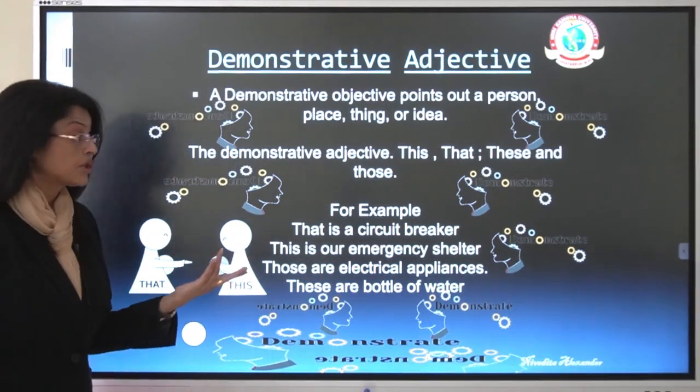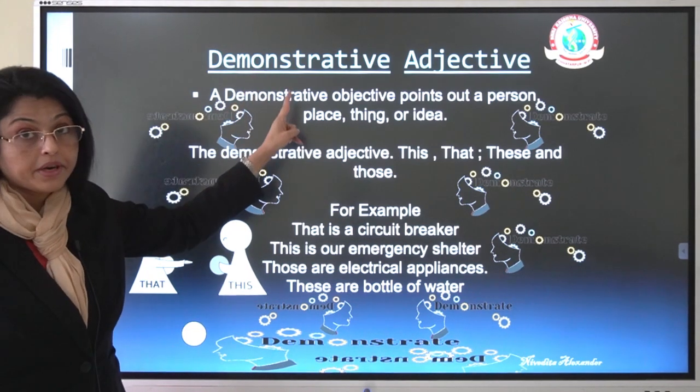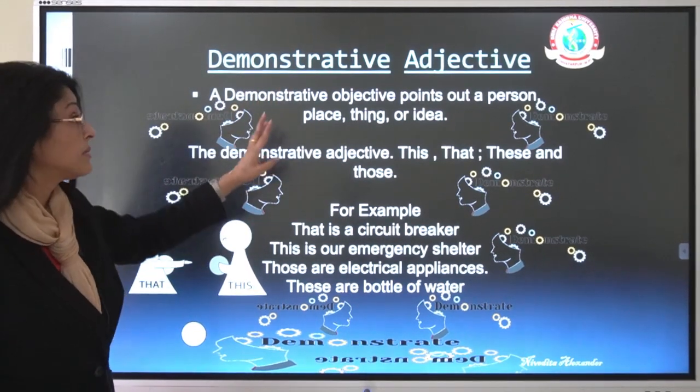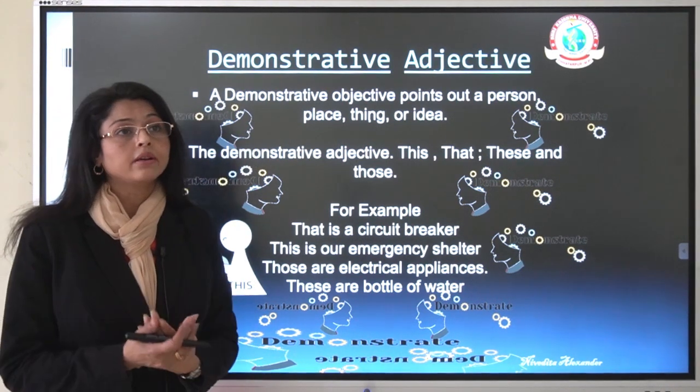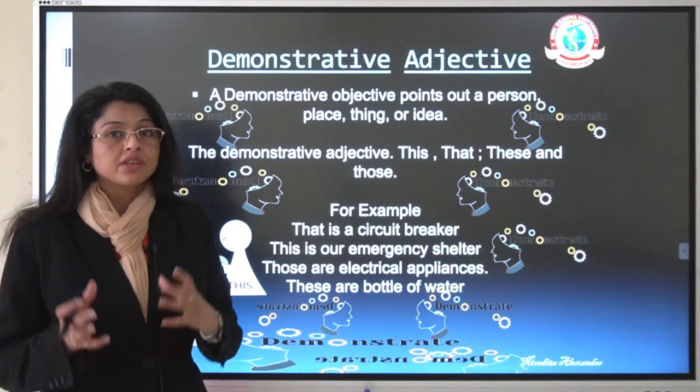So these are the demonstrative adjectives. These are also a type of determiner. Let me tell you, in almost every video I have been telling you we are going to take one more separate lecture for determiners.